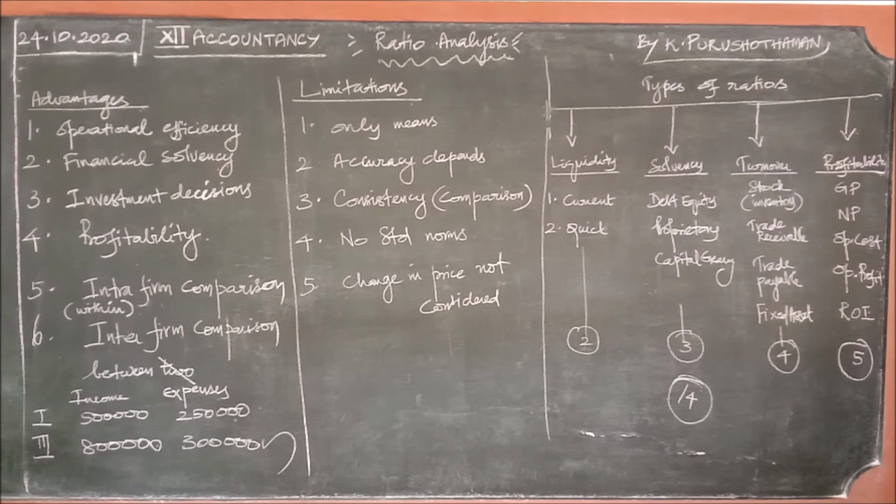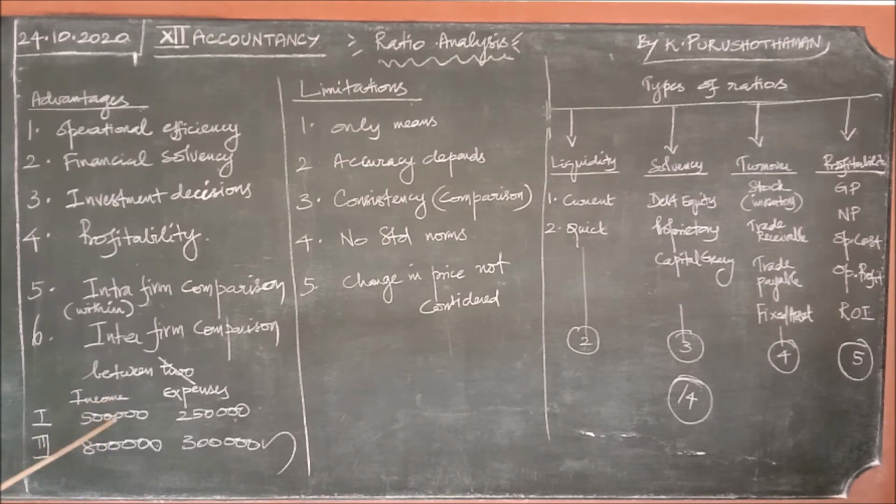No. Did we consider the price? Did we consider the quantity? No. Here 1000 kgs, here also 1000 kgs, and the revenue here is 5 lakhs, here the revenue is 8 lakhs, but the quantity sold is only 1000.